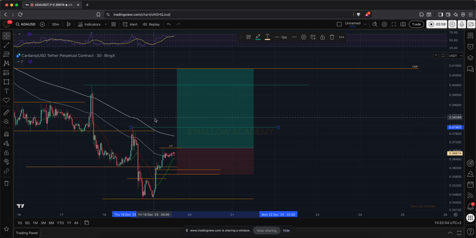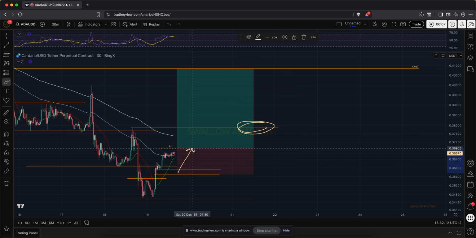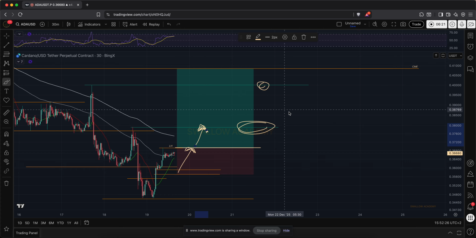If we reach this zone, the stop loss will be brought to break even. Then once price reaches this area again, the stop loss will be moved to the take profit one area. Basically our usual strategy that we use on all the trades.